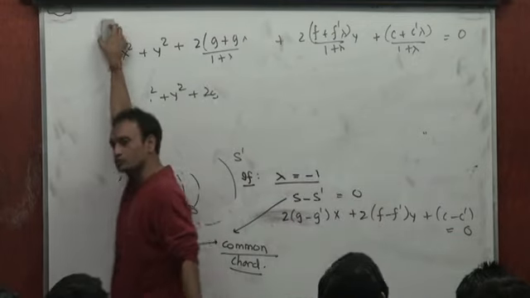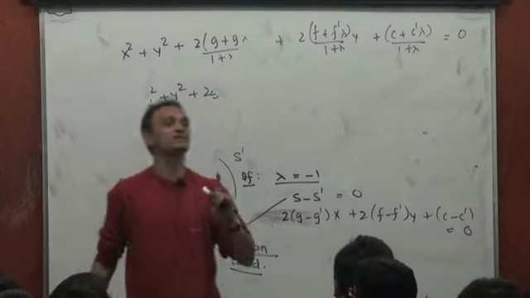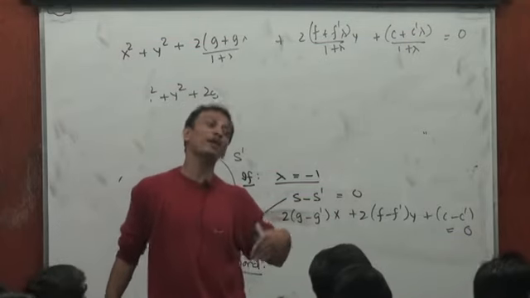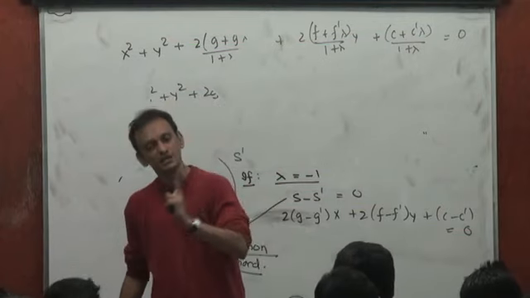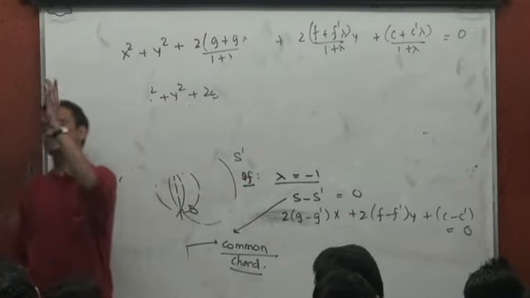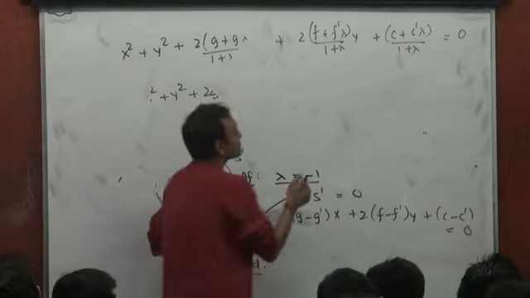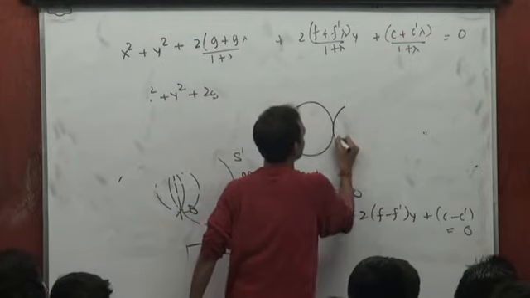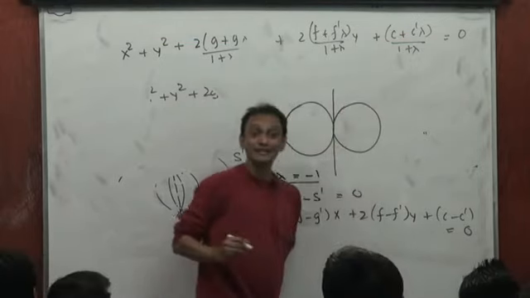So if S equal to 0 is a fixed circle and S prime equal to 0 is another fixed circle, then S plus lambda S prime equal to 0 for lambda not equal to minus 1 will represent a family of circles passing through the intersection of the two fixed circles. When lambda is minus 1, that is S minus S prime equal to 0, it's going to represent the equation of the common chord. And in fact, if the two circles touch each other like this, then the common chord becomes the common tangent.